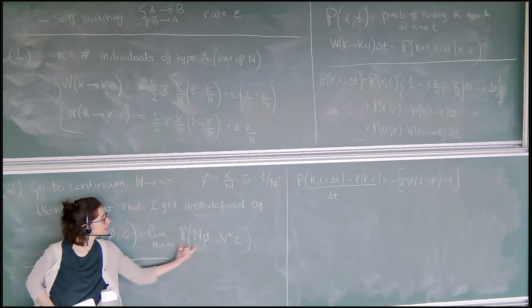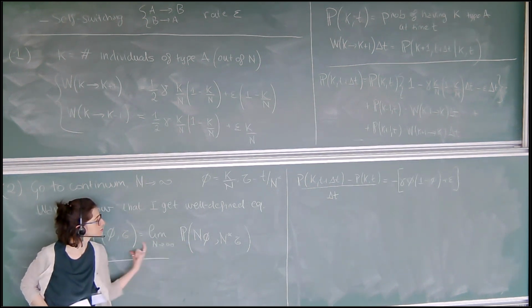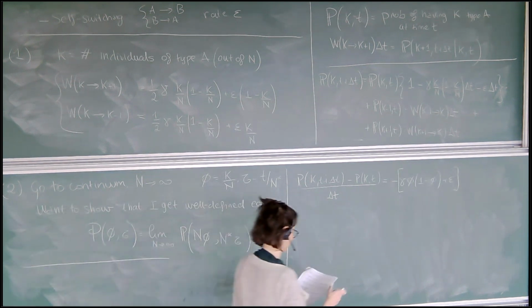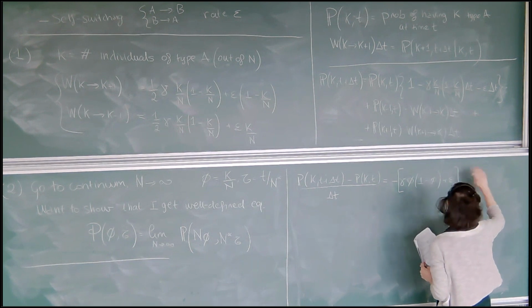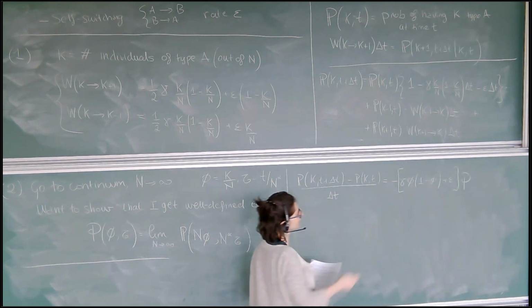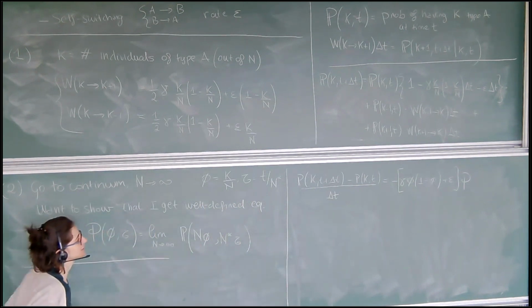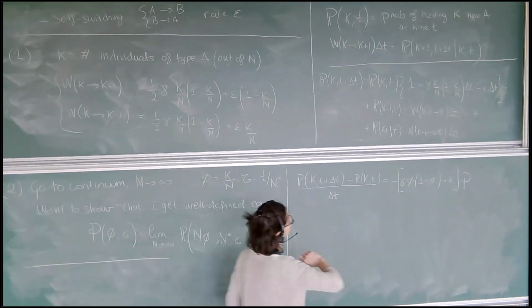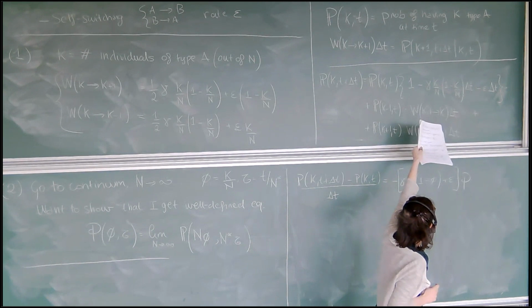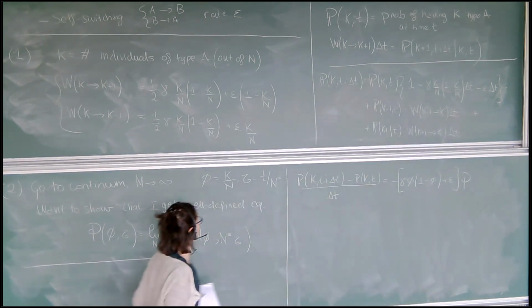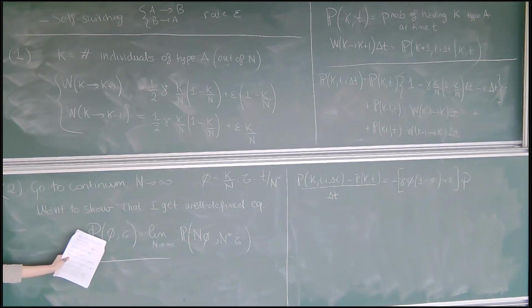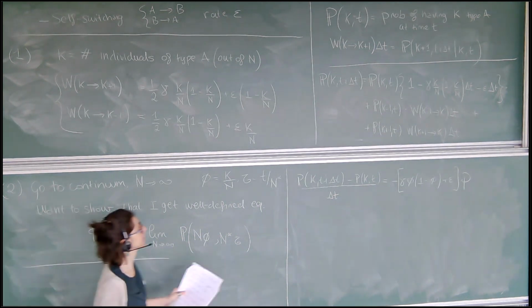Using now this type of relation for finite n, what I can say is that, in the limit, the idea is that you have in mind that you will take the limit n to infinity of what you have on the right hand side. If you take the limit, this p you expect to converge to a function of phi and tau.